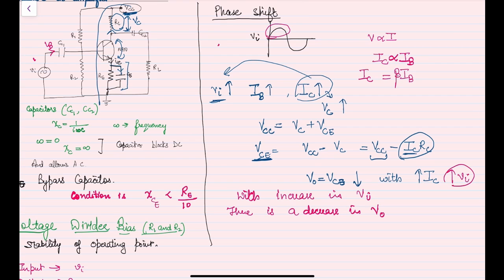So Vi increases and V output decreases. Hence there is a 180-degree shift between the input and output. So we can also say that the output is inverted with respect to the input. Here we had the input like this, and the output will come like this. It is amplified, the amplitude is high, but the phase is shifted by 180 degrees.